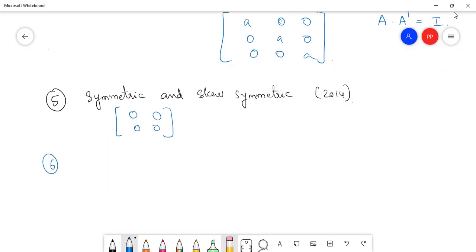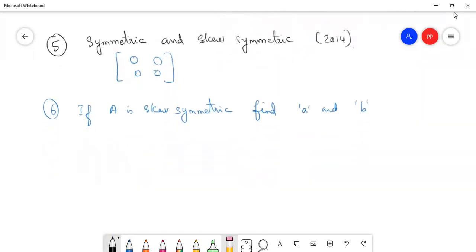Okay. If A is skew symmetric, find A and B. So let's hope again, 17 answers. This is an easy question. A is a skew symmetric matrix they have given.